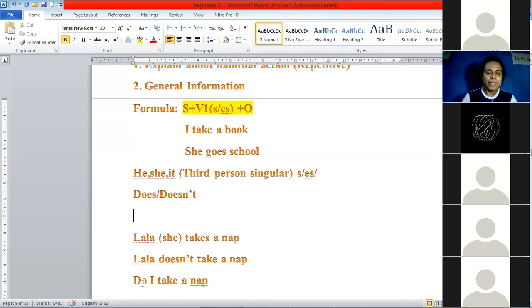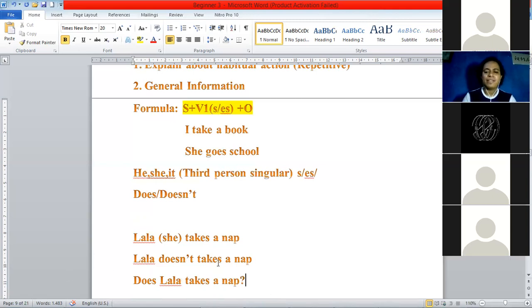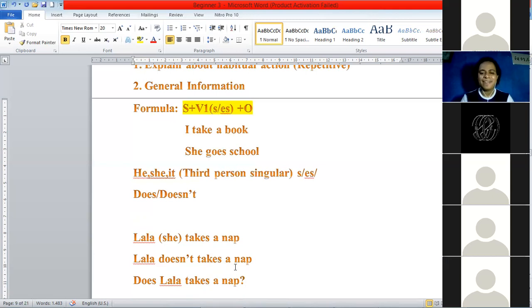Let's continue again. So this one, if it's Lala, then it should be does Lala. Should we add S here? What do you think? Should we add S there? No, doesn't take an S. Why no, Anya? Can you tell me why no?